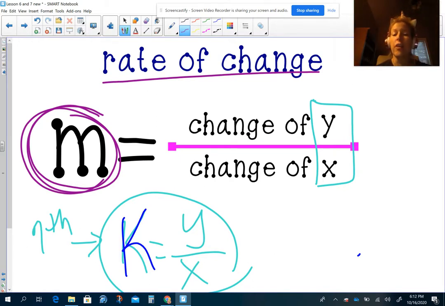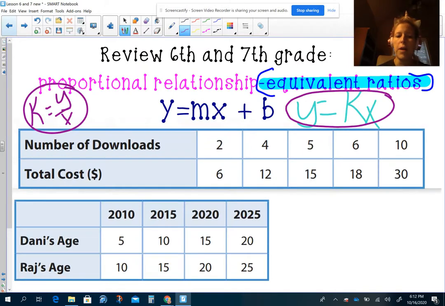Okay, so now that we have the change of y over the change of x, we're going to look at some different forms. If I go back to this one, let's just find this rate of change for fun, shall we? I'm going to put my m, because we know now it's not proportional. I can't use a k. So let's look at my y first. How am I changing going from 10 to 15?